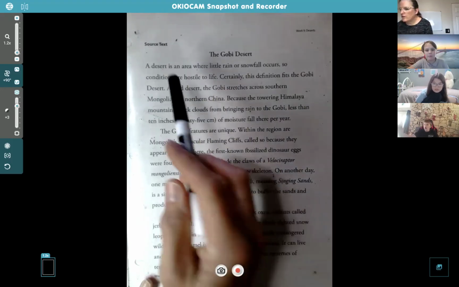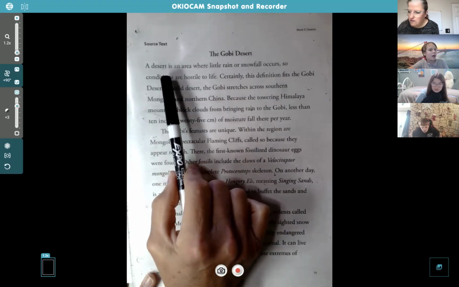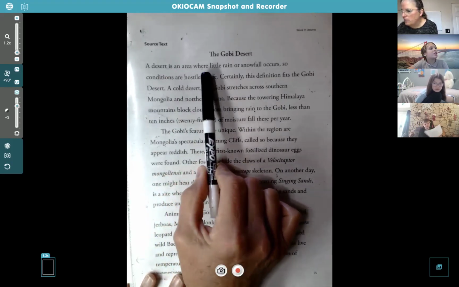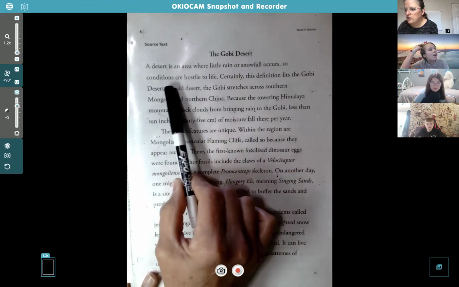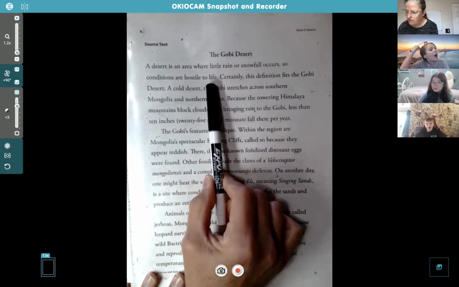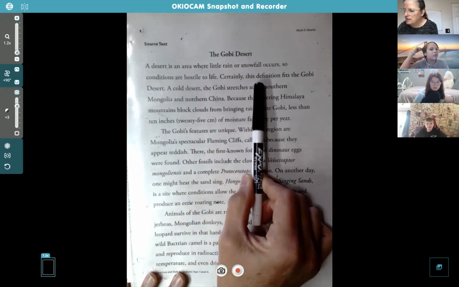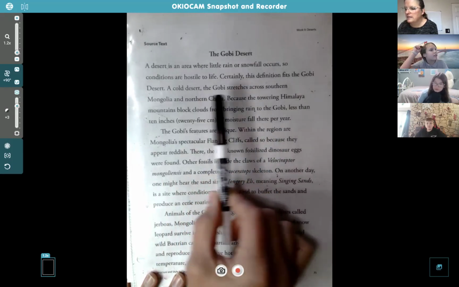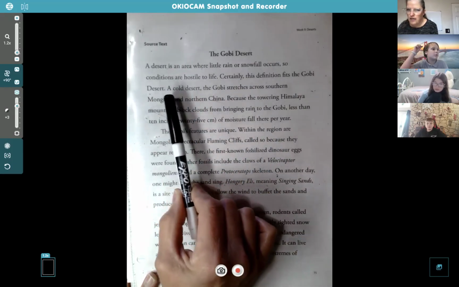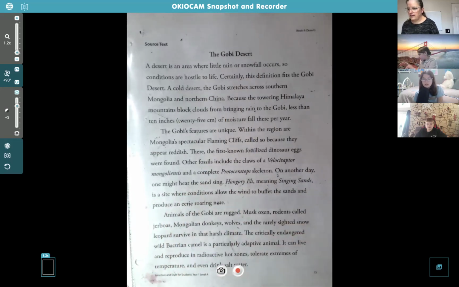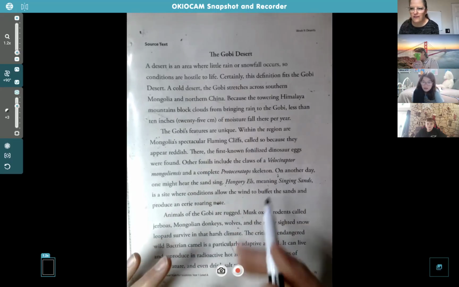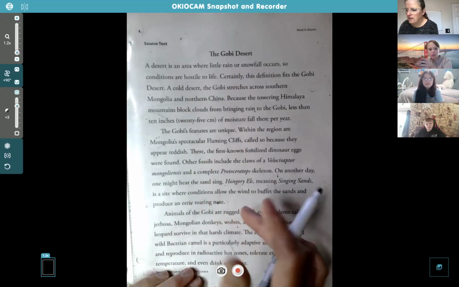Okay. So it says, a desert is an area where little rain or snowfall occurs, so conditions are hostile to life. Certainly, this definition fits the Gobi Desert. A cold desert. Interesting. I didn't know it was cold. I always think of hot when I think of a desert.